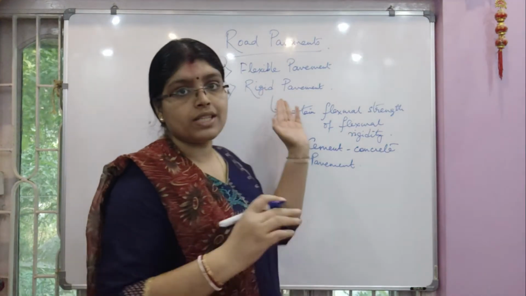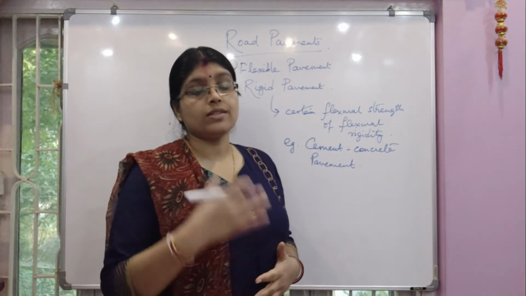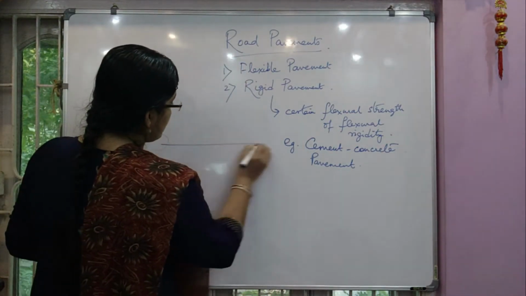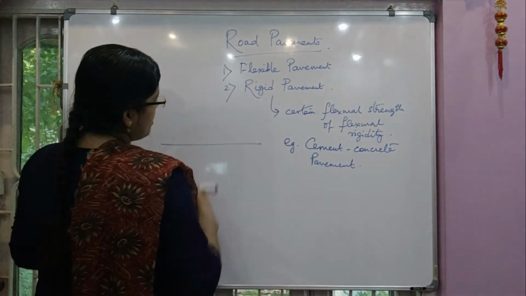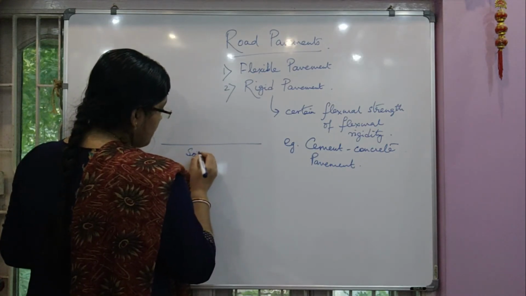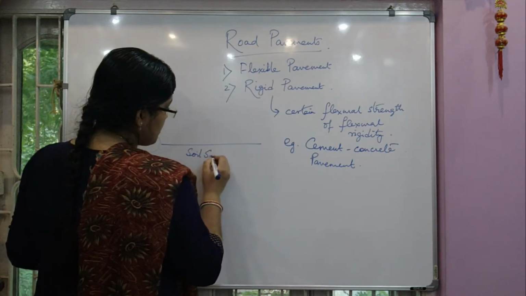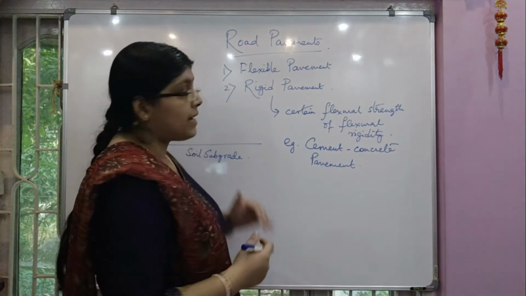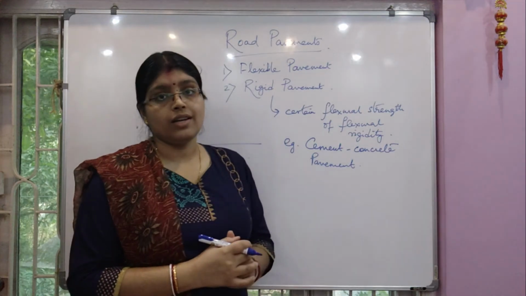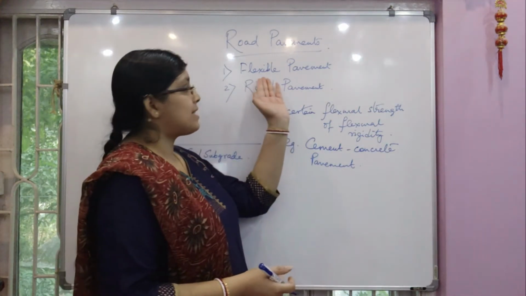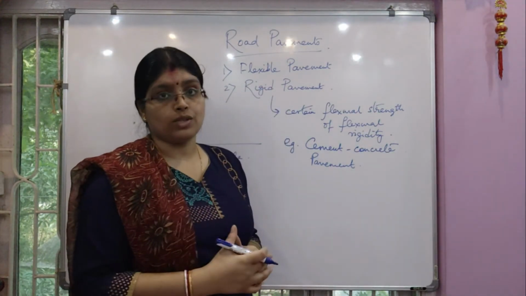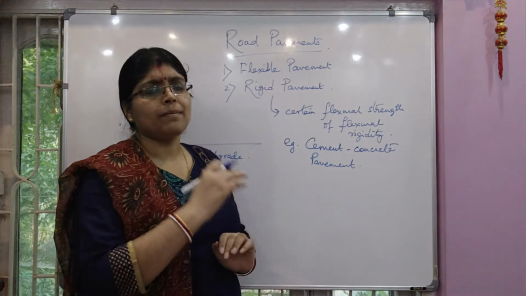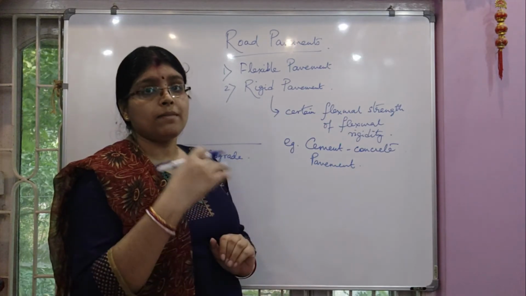As we are talking about rigid pavement, now quickly I will show you the structure of a rigid pavement. So basically, as I have told you all earlier, the basic layer will be a soil substrate layer. Above this soil substrate, I have already told you earlier that in case of a flexible pavement, there will be a sub-base course. So basically, in rigid pavement, that sub-base course is completely optional or it may be missed out.